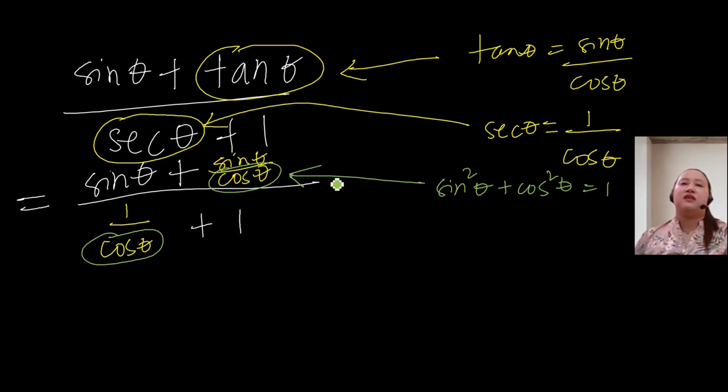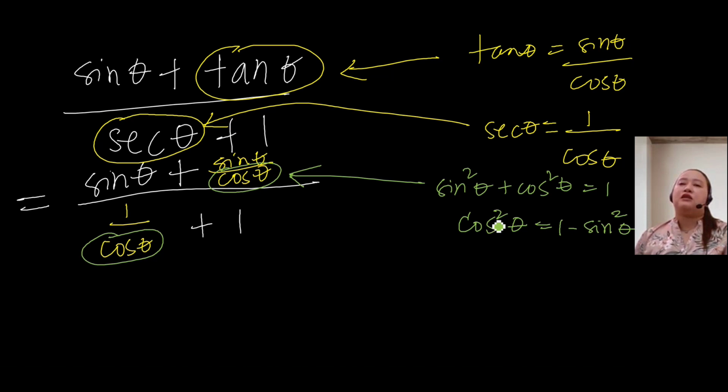Since we need to substitute something for cosine, let us write the cosine on the left side, same as what we did in the example a while ago. So cosine squared theta equals 1, and then transpose sine squared theta to the other side, so it will become minus sine squared theta.